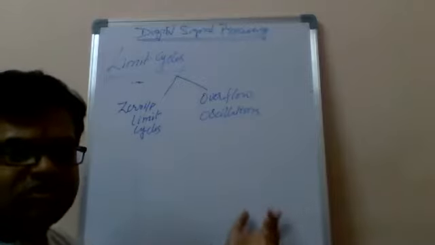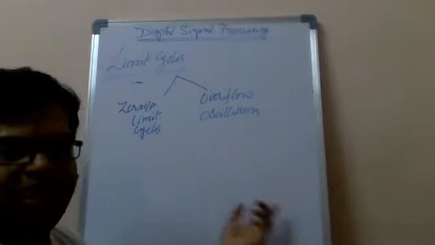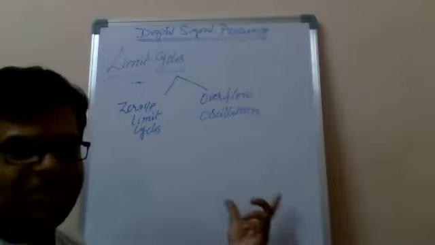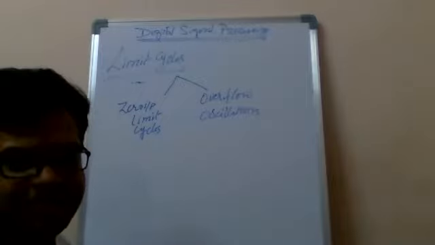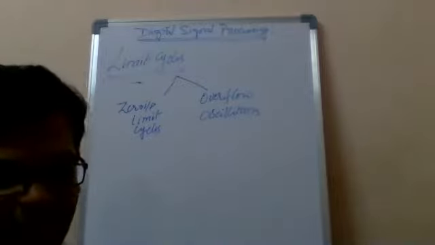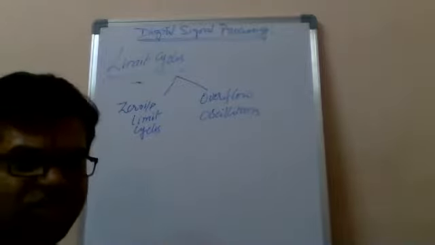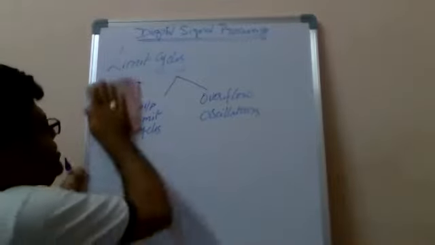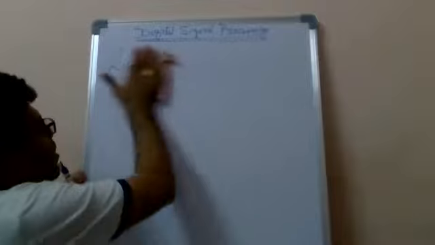In such a case, where you cannot fit the output into the register that you have, overflow oscillations occur. So this is about limit cycle oscillations and overflow oscillations. A small example we will take to conclude this session.